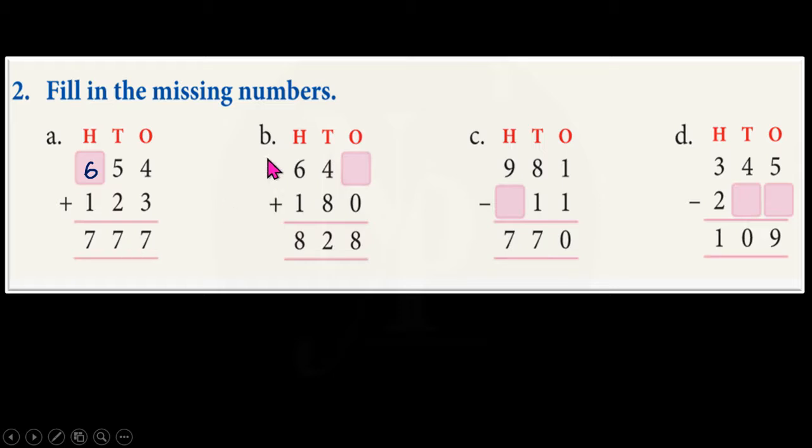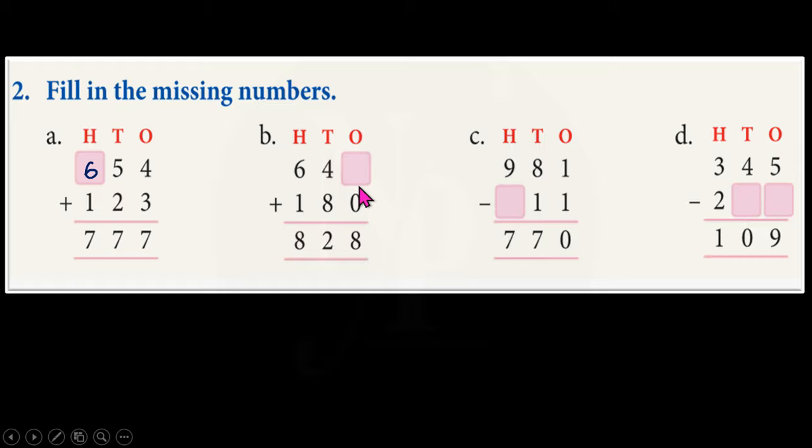Similarly, let's look at second question, B. So here the blank space is given in ones place here, and the answer given here in the same column or in ones place is 8. So if you add a number and 0, you should get 8 as sum.